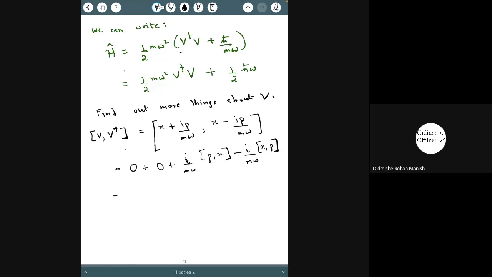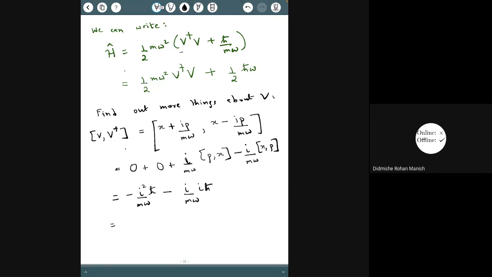The px commutator is minus i h cross, so I have minus i by m omega times minus i h cross, and minus i by m omega times i h cross.